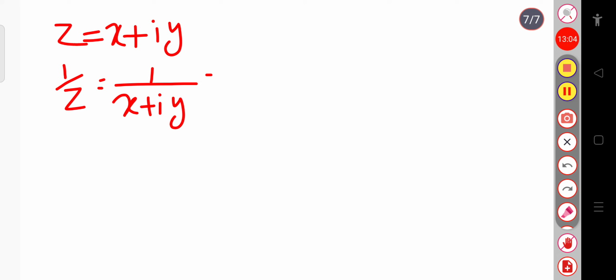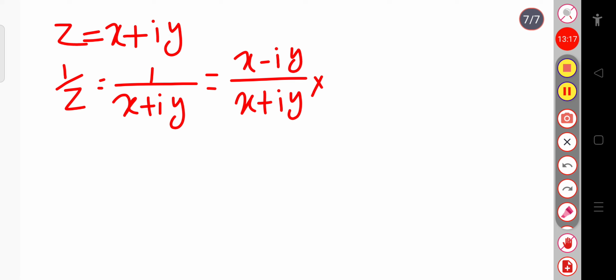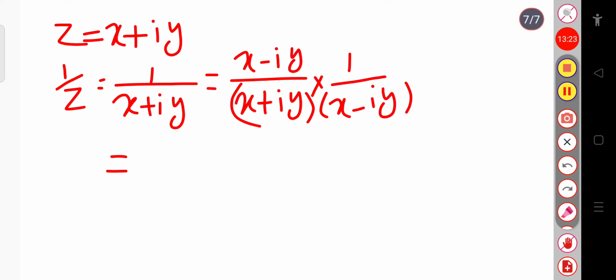Here I cannot leave a complex number in the denominator, so I have to multiply the numerator and denominator by its complex conjugate, that is x minus iy. Multiplying this, we get x minus iy divided by (a plus b)(a minus b), which is in this form.